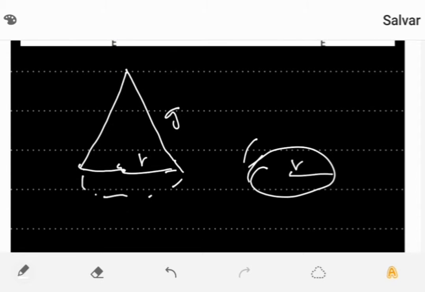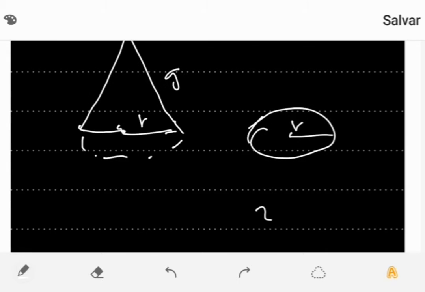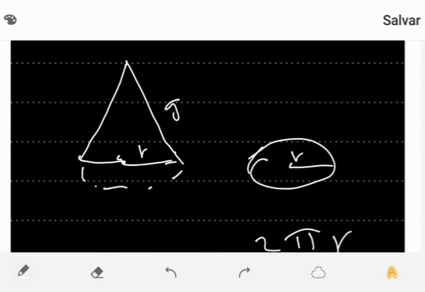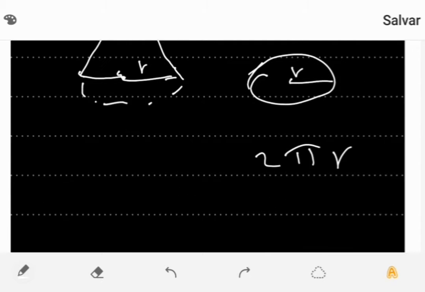So what is the value of this circumference? Well, it is 2πr, right? If you have the circumference, it is 2π times the radius. So this is the value of the circumference. Why are we doing this? Well, so that we can open the cone now.